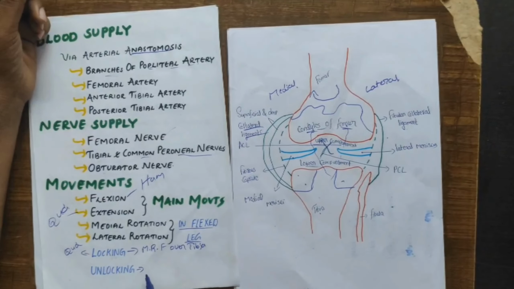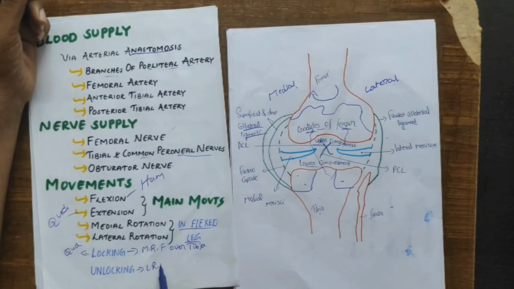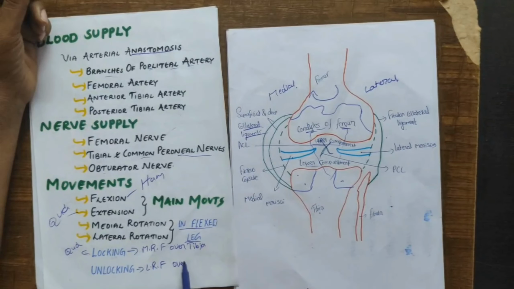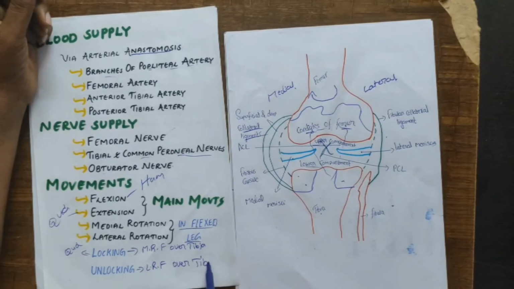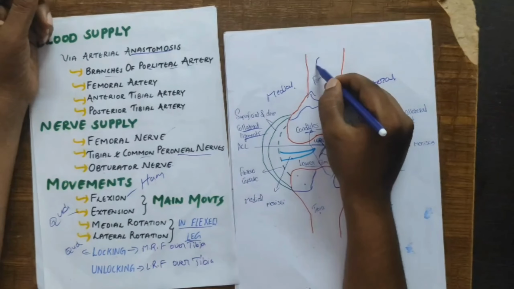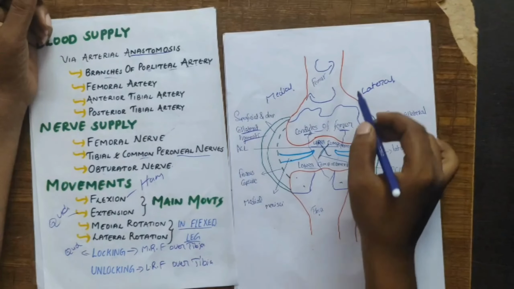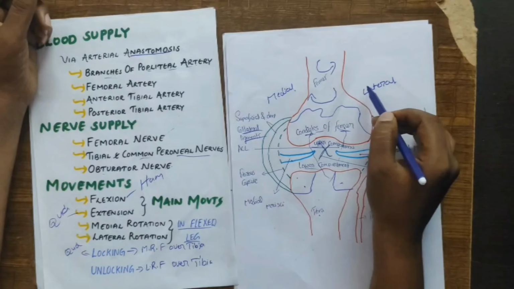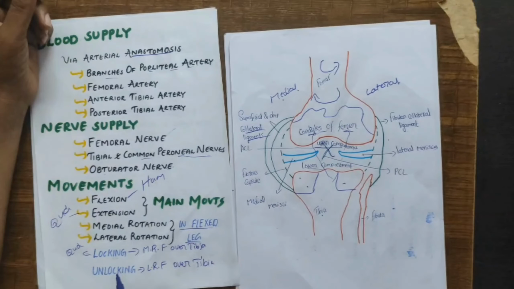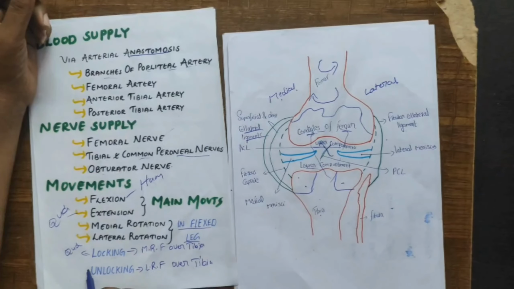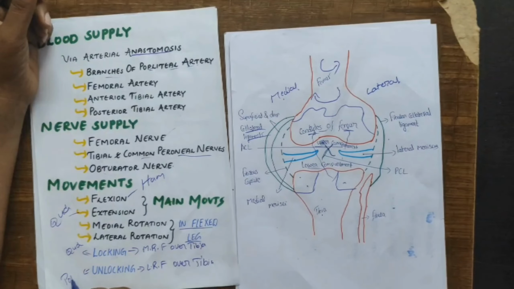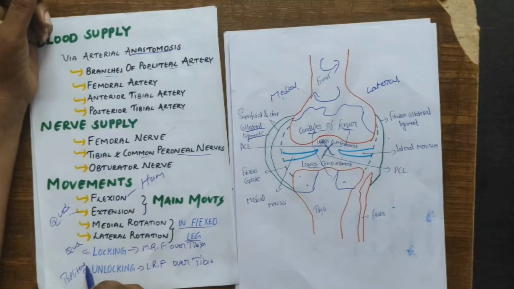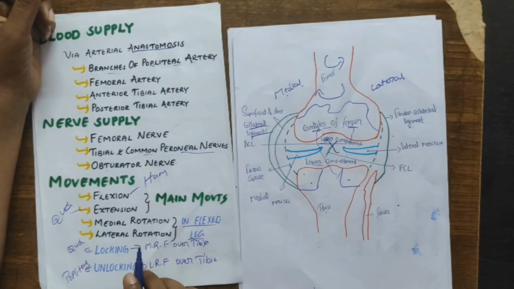Unlocking is lateral rotation of the femur over the tibia. The main unlocking muscle of the knee joint is popliteus. This is about locking and unlocking of the knee joint.